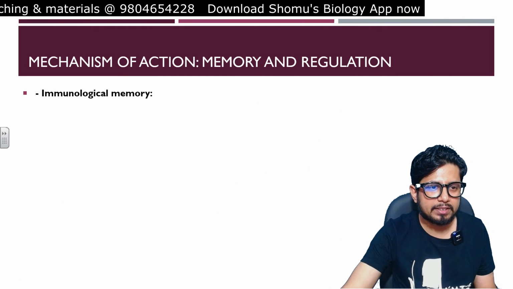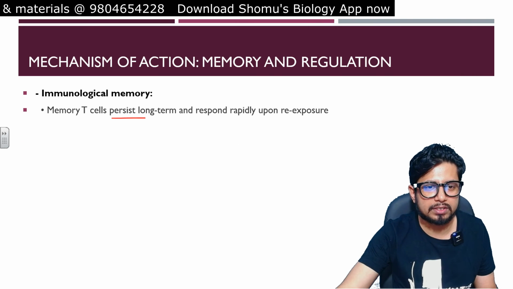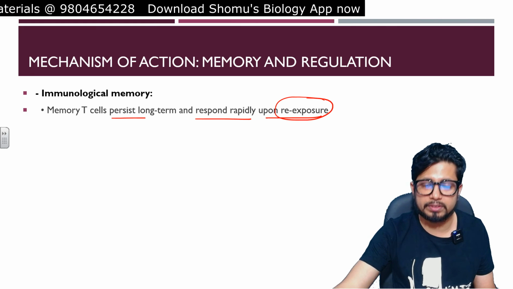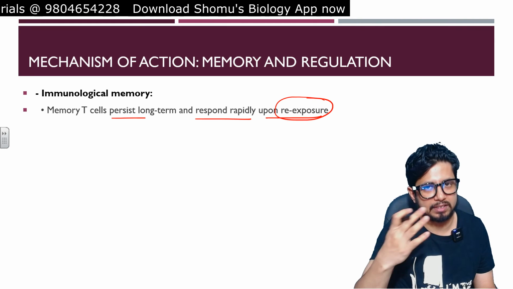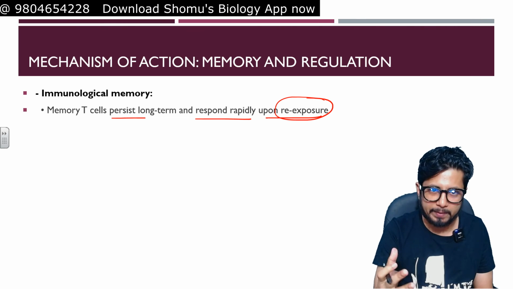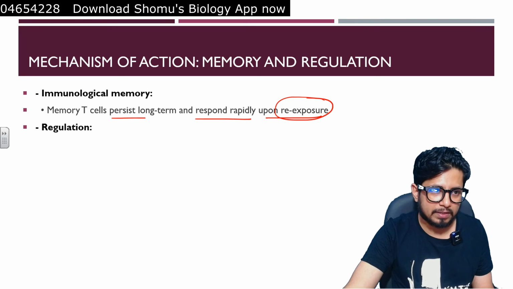Memory and regulation. Immunological memory is there. Memory T cells persist long term and respond rapidly to re-exposure. In the future, if the body is exposed to the same antigen, the body is going to react much faster.